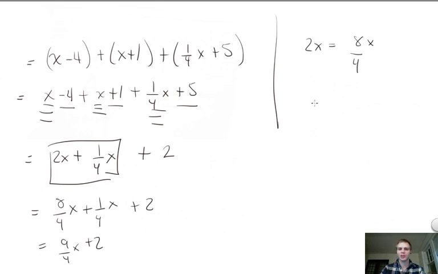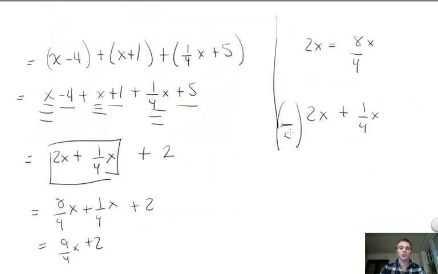And I showed it a little bit differently the first time. The first time what I said was 2x plus 1/4 x, and I showed you that I'm going to multiply by 1 here, but I'm going to choose a one that helps me to make these similar. We called this a greatest common denominator. I need this denominator over here.